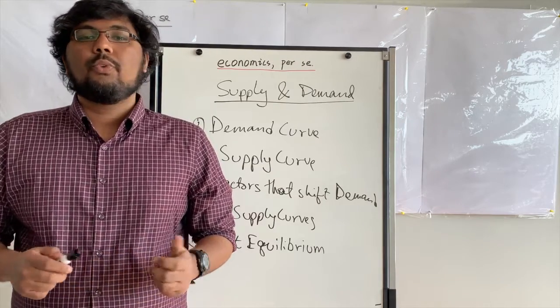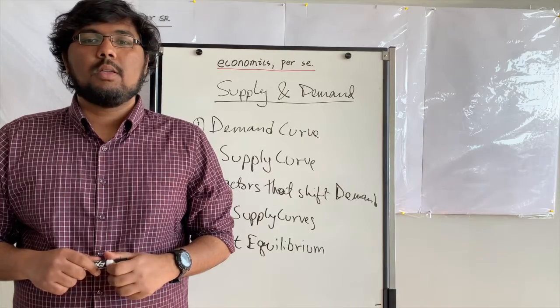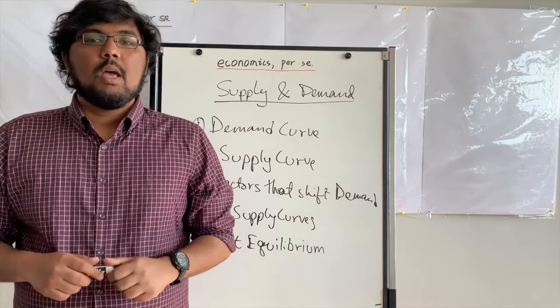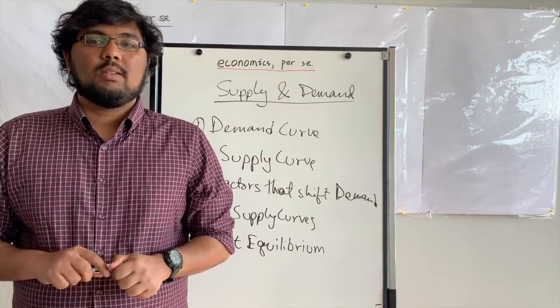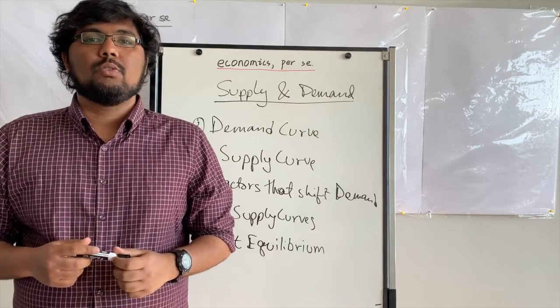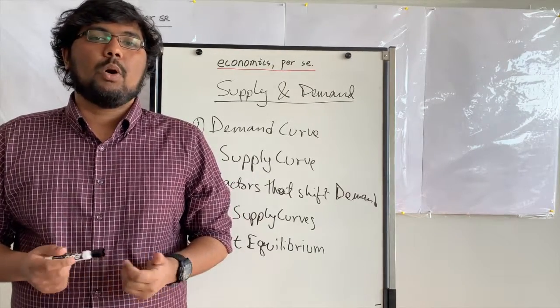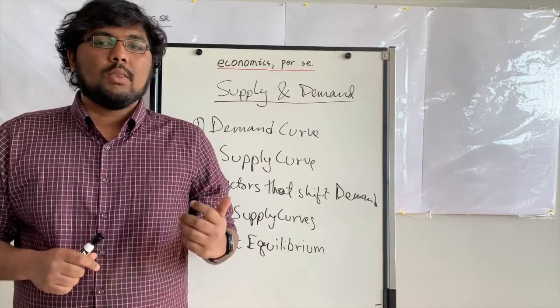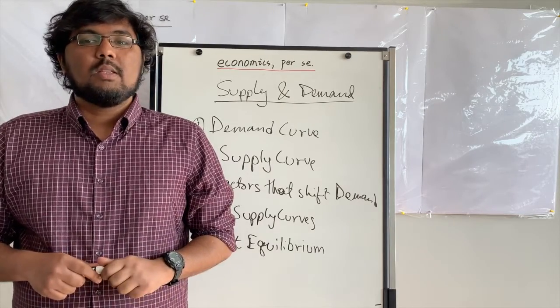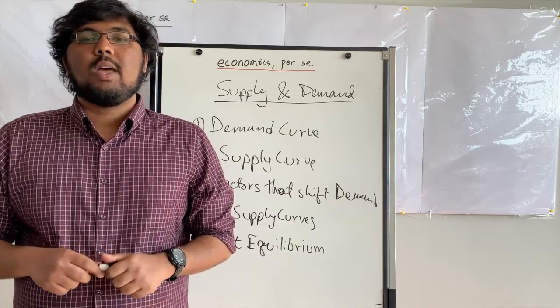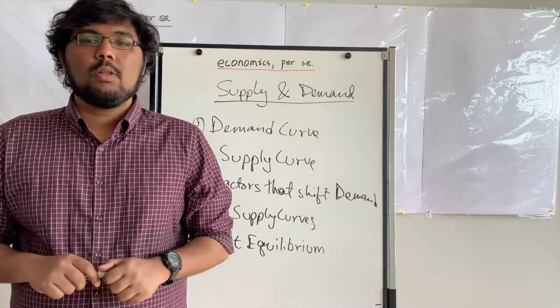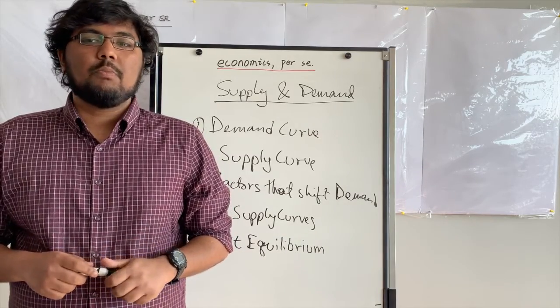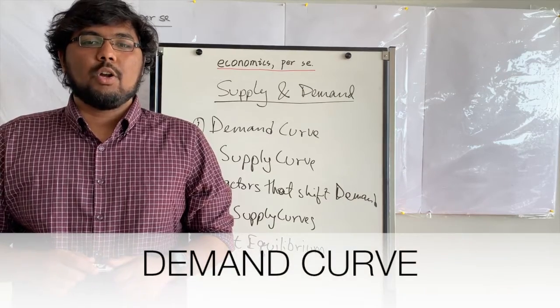And to find this, we can start by making a table of how many kilos of apples people would want to buy at a number of different prices. Such a table is known as the demand schedule, and a demand schedule can in turn be used to draw a demand curve.